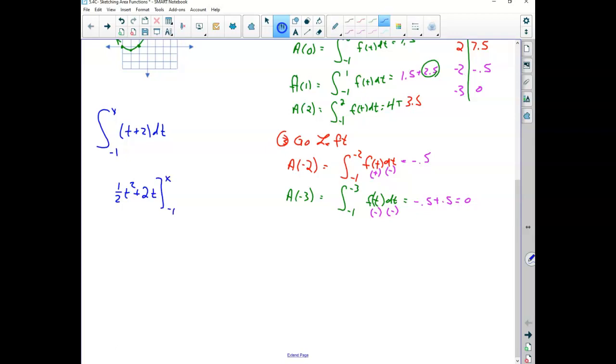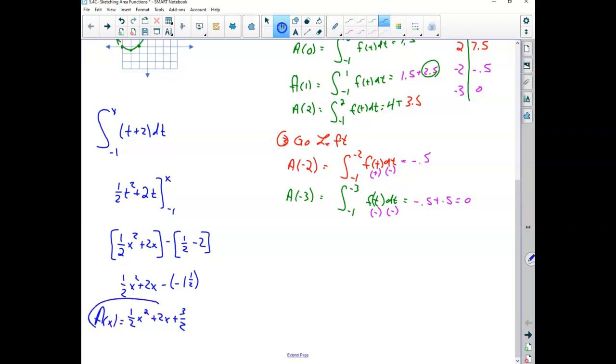Well, that's going to give me what? 1/2 x squared plus 2x, that's my upper limit, minus, that's going to put a -1 in there, which gives me 1/2 minus 2. So that's 1/2 x squared, forgot my squared, plus 2x plus 3/2. Hey, that's what my area function actually is.